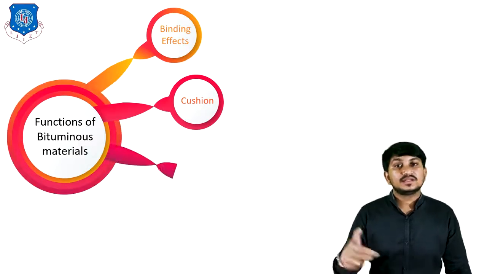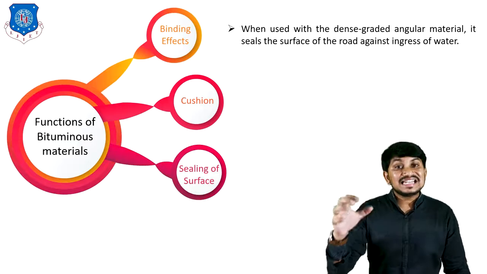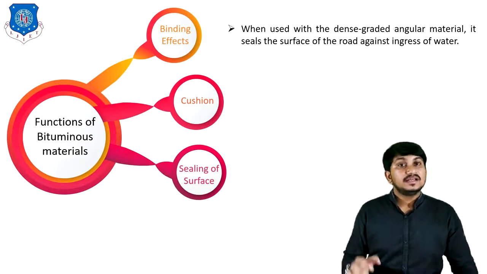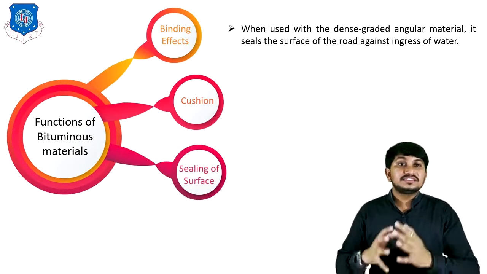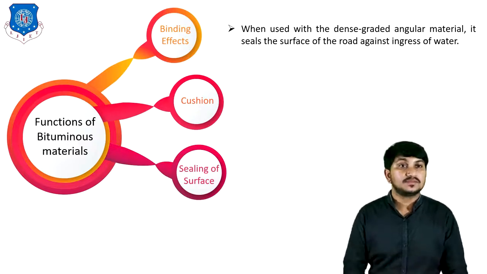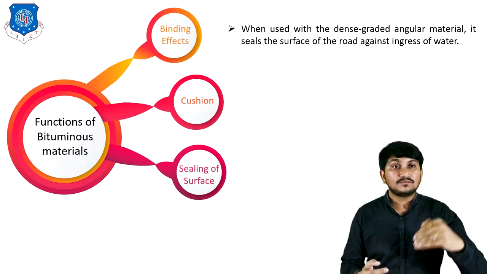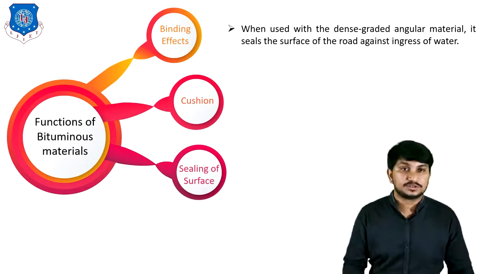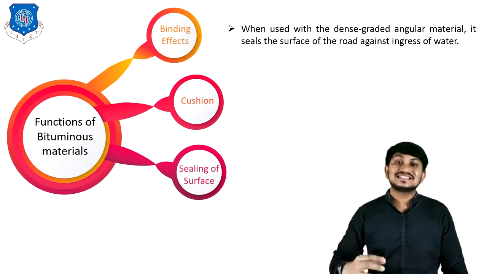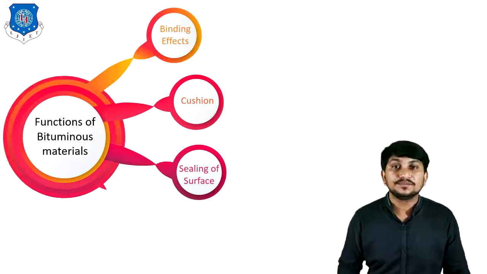Third is sealing of surface. When this bitumen is used with dense graded angular material, it seals the surface of the road against ingress or penetration of water. So it is used as a sealing of the surface.